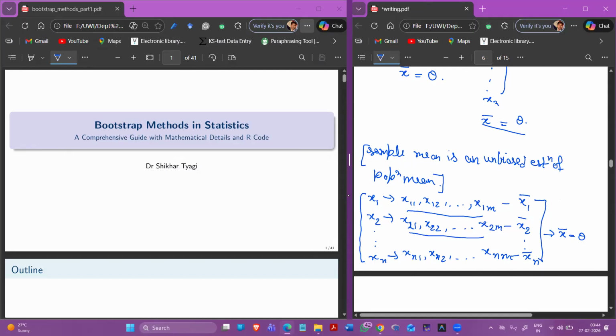I will take one spoon to taste it, again and again, to check whether the salt, the chili or other ingredients are in the proper amount or not. Does this happen in real life? We take only one. Mostly, no, we don't do that. We don't take again and again.